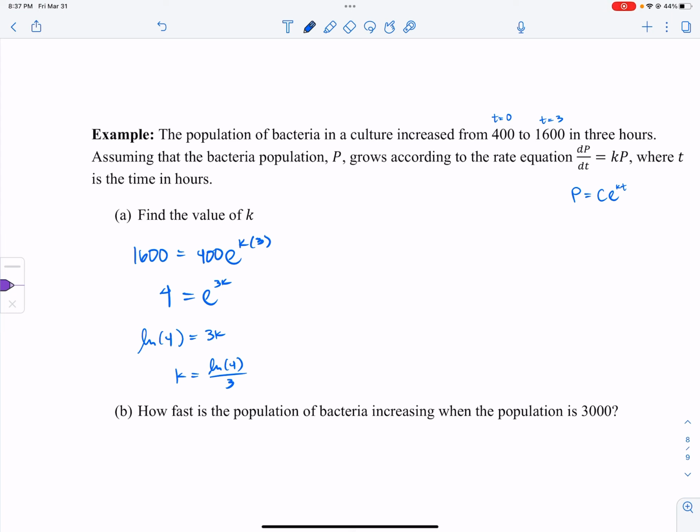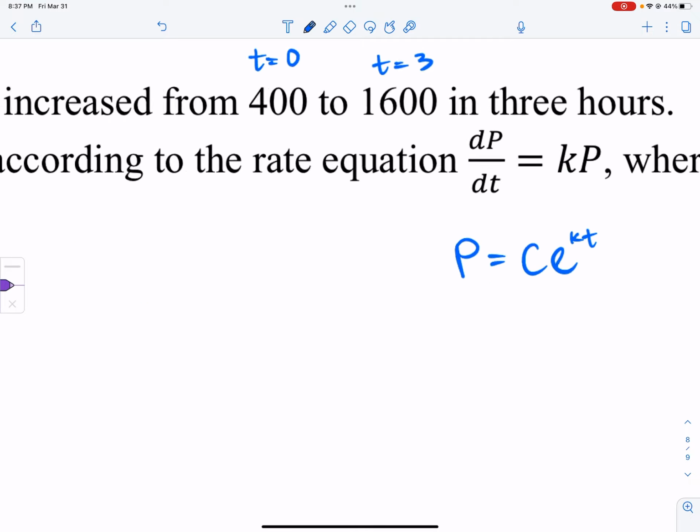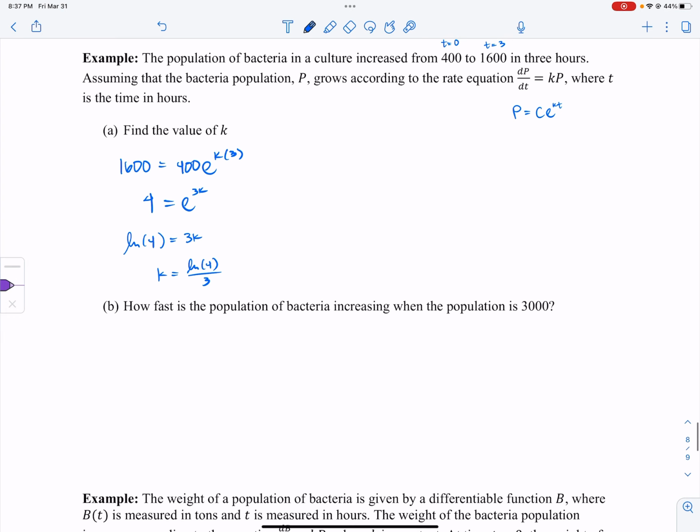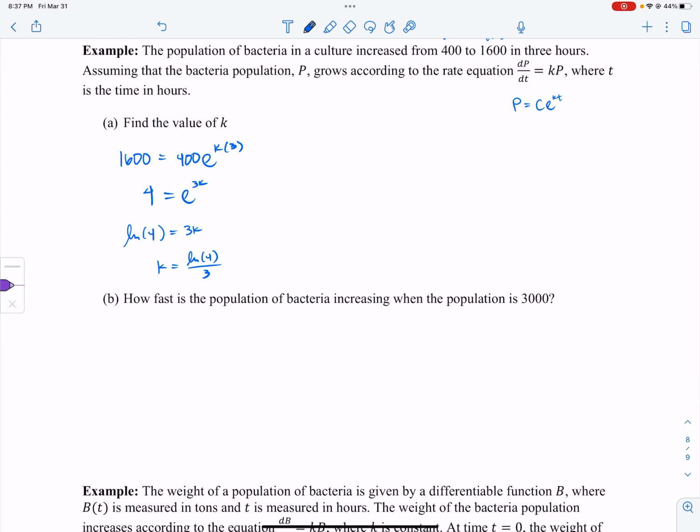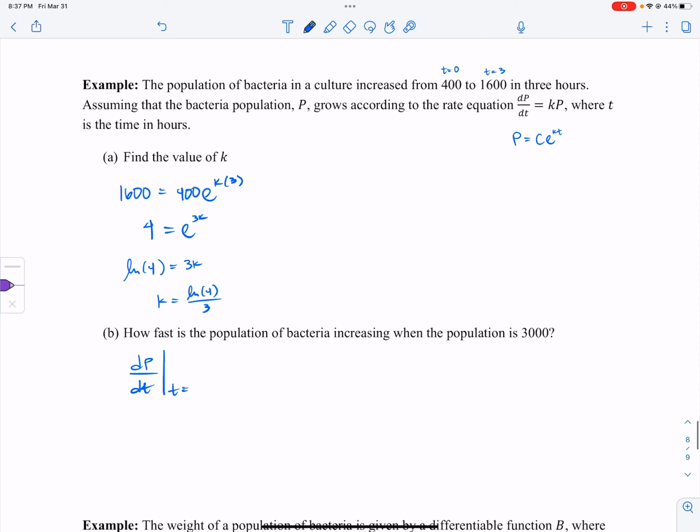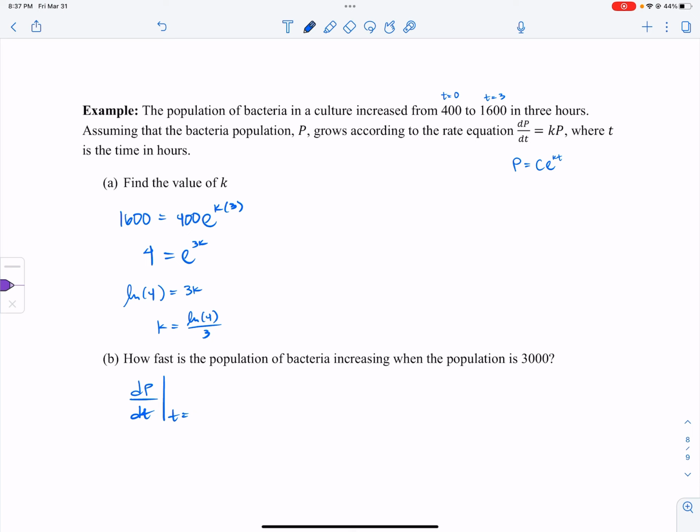Okay, and then next, how fast is the population of bacteria increasing when the population is 3,000? Well, since we now know what k is, we can use our dP over dt formula. So dP over dt evaluated when P is equal to 3,000.